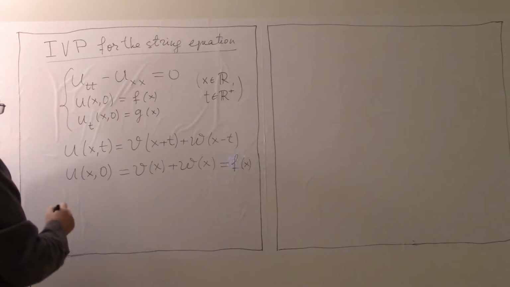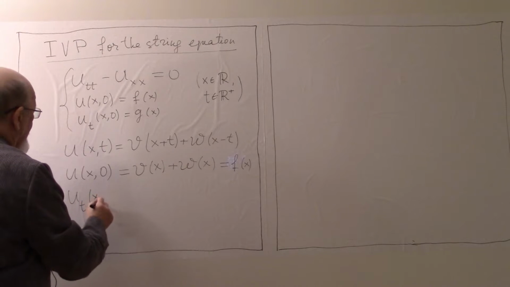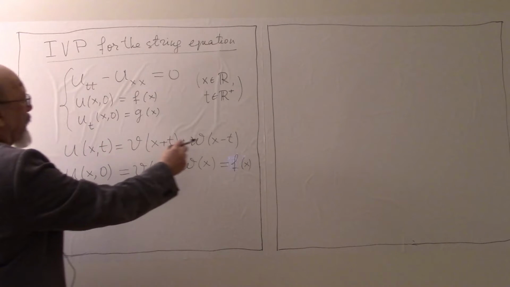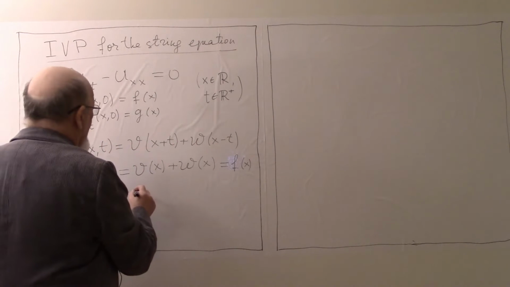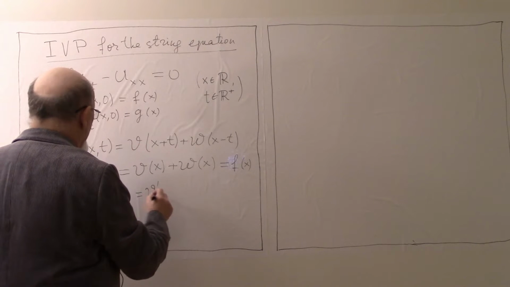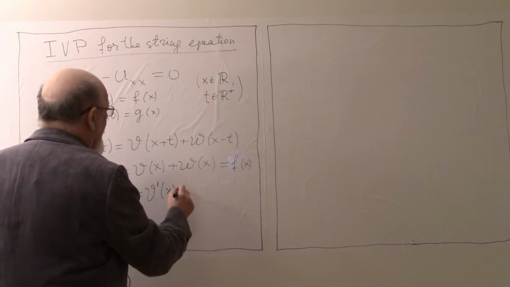We see this. u_t of x,0, we have to differentiate with respect to t, equals v prime of x at t equals 0.